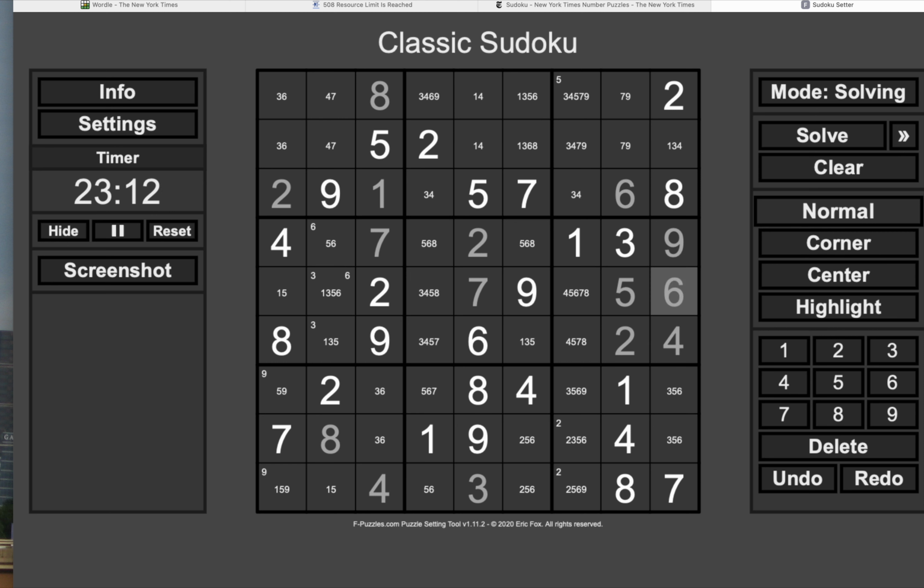This can't be 4 or 5. That's a 6. This is not 4 or 5. This is not 4, 5, or 6. These are 7, 8 pair, which says none of these other cells can be 7 or 8. Fortunately, that doesn't do much beyond getting rid of the 7s here.